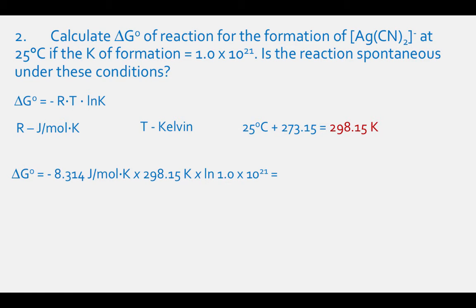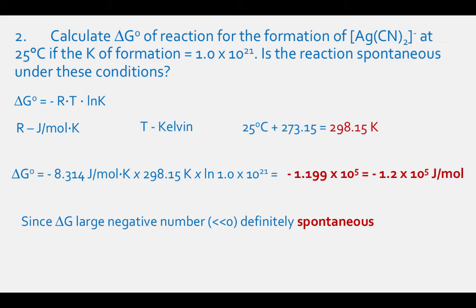Standard delta G equals negative 8.314 joules per mole times Kelvin times 298.15 Kelvin times the natural log of 1.0 times 10 to the 21st. Standard delta G equals negative 1.199 times 10 to the 5th, or, rounded to two significant figures, negative 1.2 times 10 to the 5th joules per mole. Since this delta G is a large negative number, it is much less than 0, this reaction is definitely spontaneous.